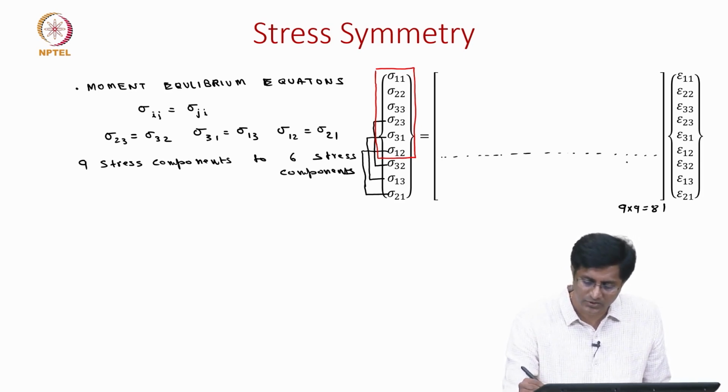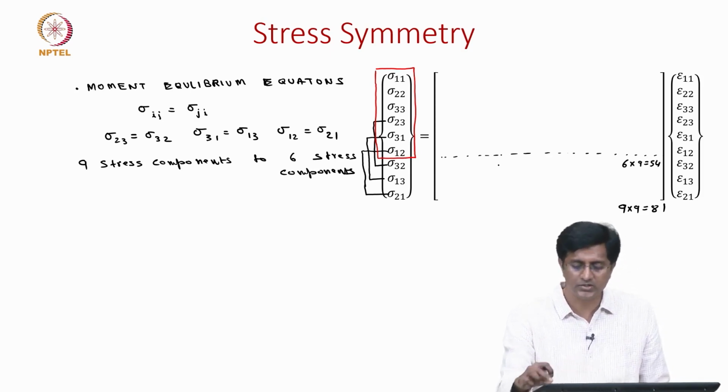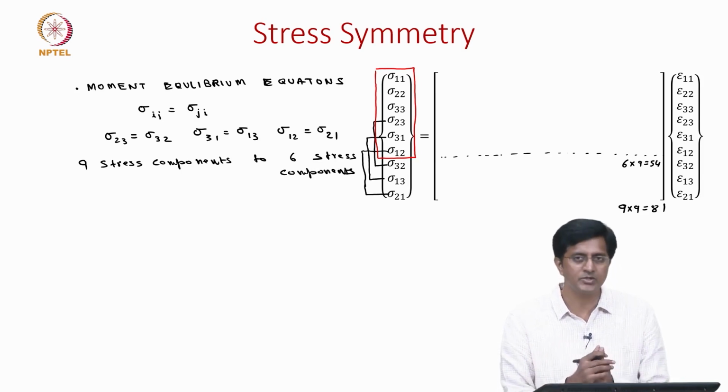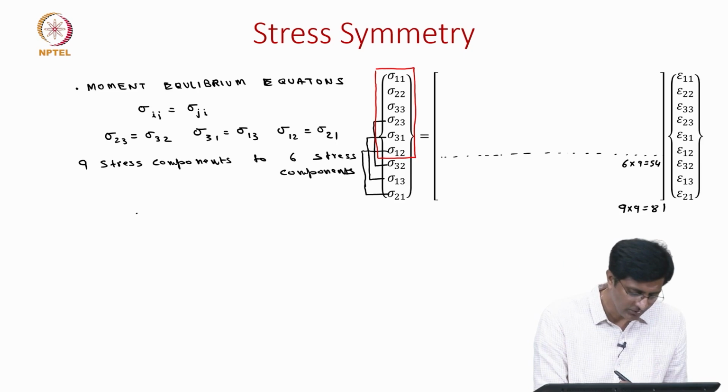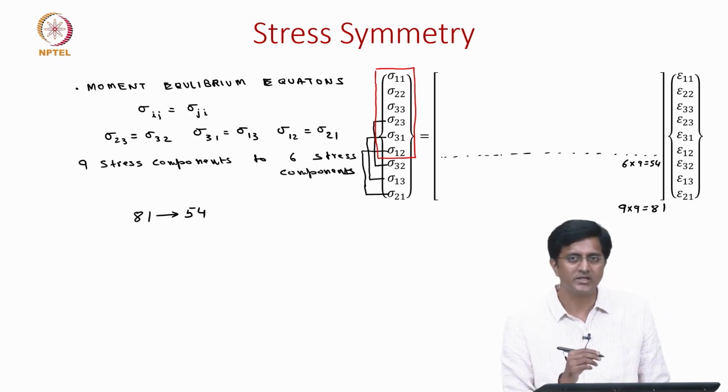With the first 6 rows we will have 6 times 9 which is 54. So, we only need to focus on these first 6 rows to get the complete description between the stress and strain relation. Essentially we have reduced the number of elastic constants from 81 to 54 just by considering that the stress matrix is symmetric.